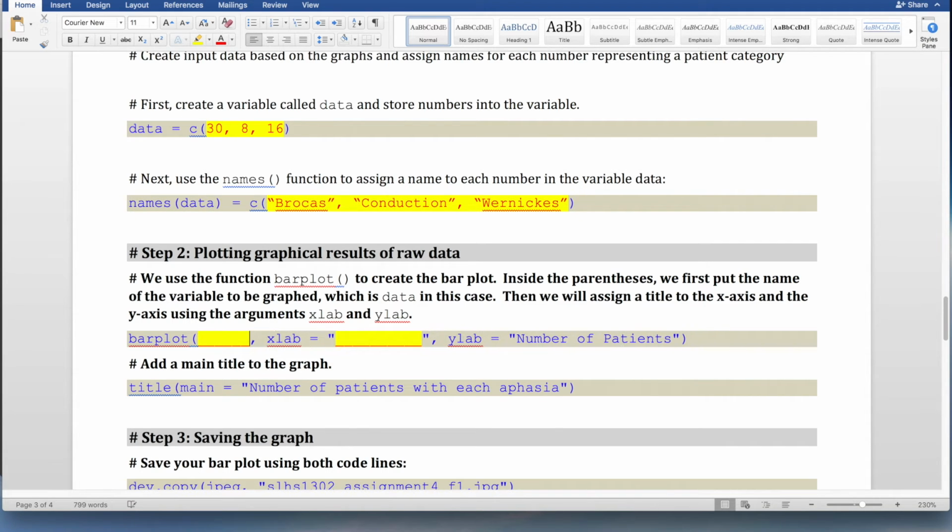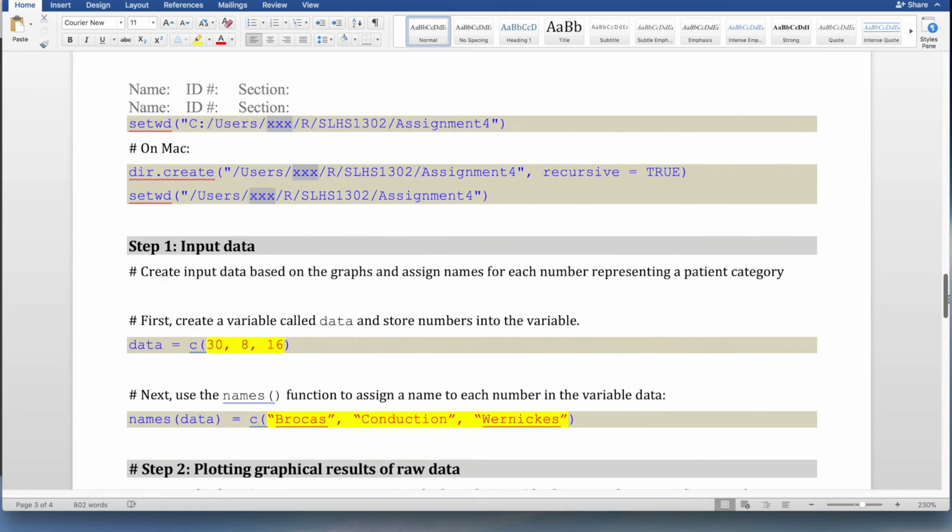So we'll replace this highlighted region with the name data. Then it says we will also assign a title to the x-axis and the y-axis using the arguments xlab and ylab. We see that there's a spot for us to fill in the name for the x-axis. And so we'll put in category of aphasia.